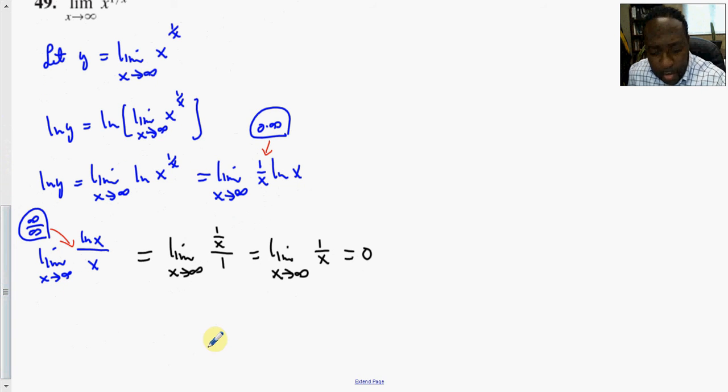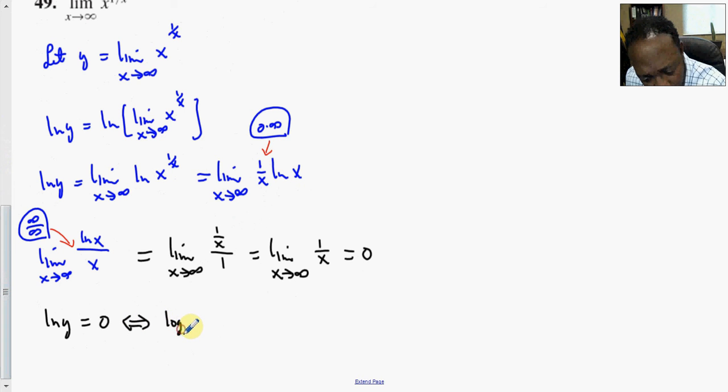But you recall that we started with, this is the natural log of y, right? This is all equal to 0. And by definition, if and only if, well, think about it, this is the log of base e of y equal to 0 if and only if y is said to equal e to the 0, which is 1.